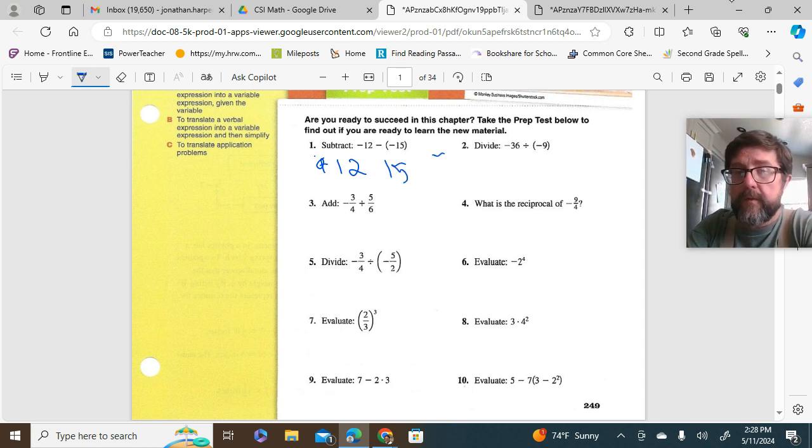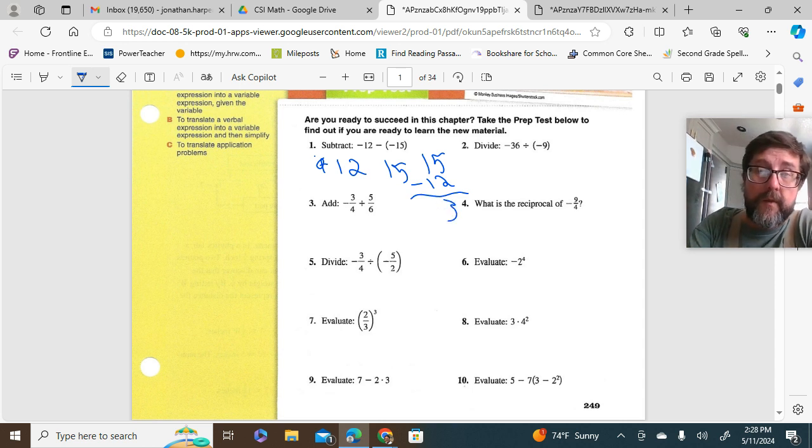Now you would take the 15, because you take the bigger number minus the smaller number. 15 minus 12 would be 3. Then, because the 15 was the larger number, you would tack the negative sign on. So your answer to negative 12 minus a negative 15, actually no wait, that wouldn't be, because the 15 would become a positive, so it'd just be a positive 15 minus 12, which would be a positive 3. Almost made a mistake.